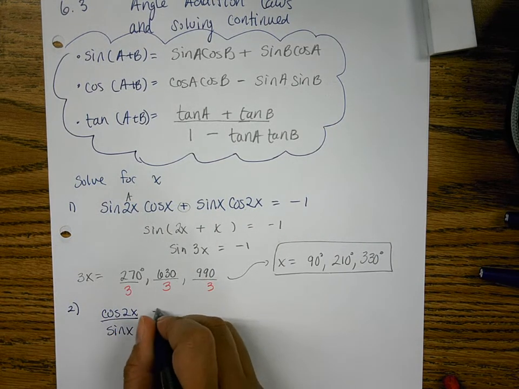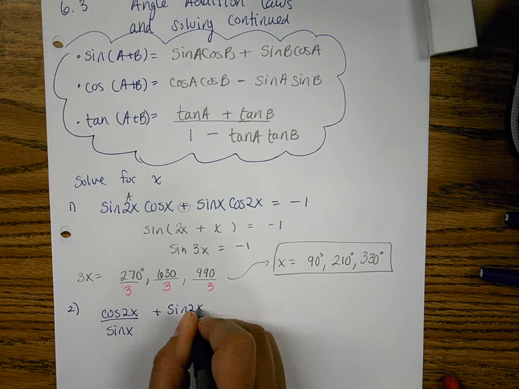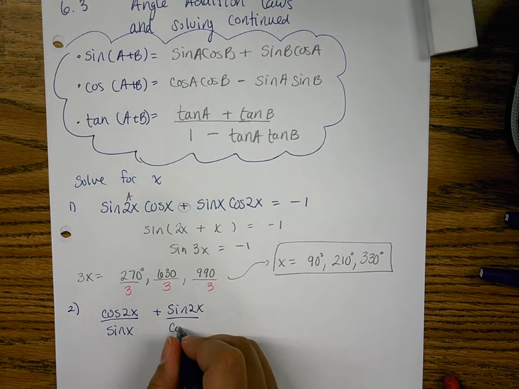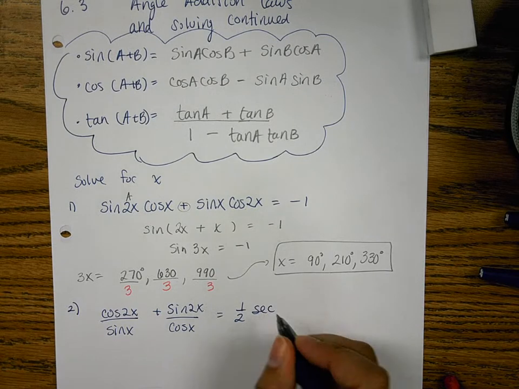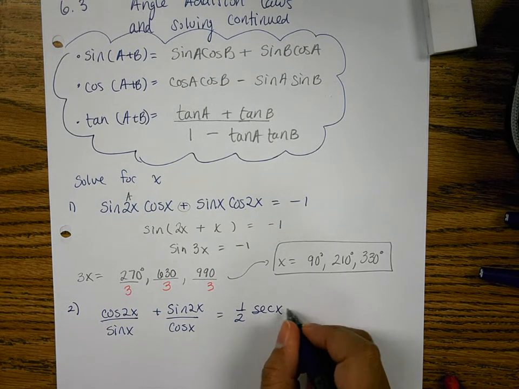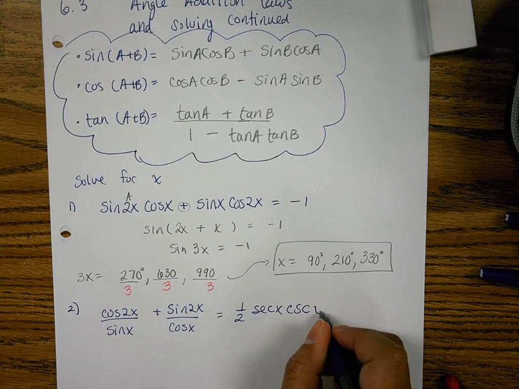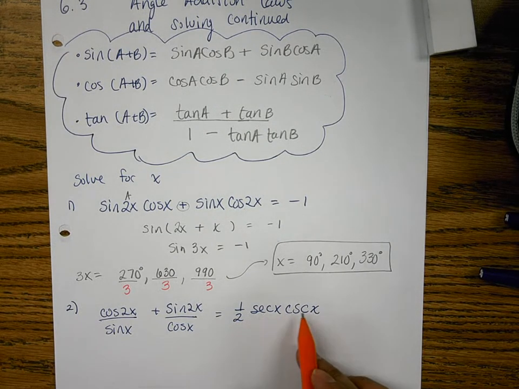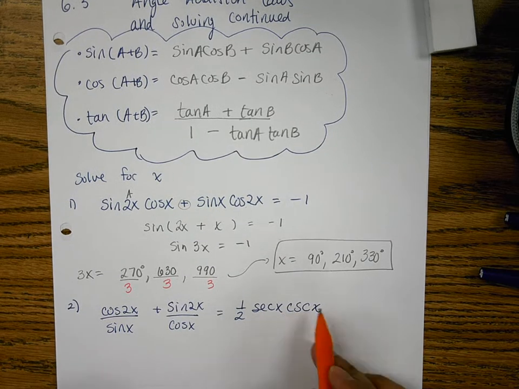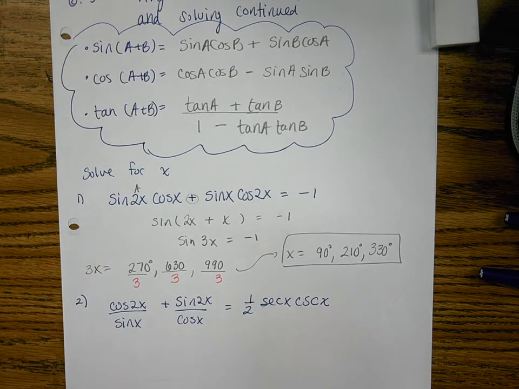Okay, number 2. Cosine 2x divided by sine x plus sine 2x divided by cosine x equals 1/2 secant x cosecant x.